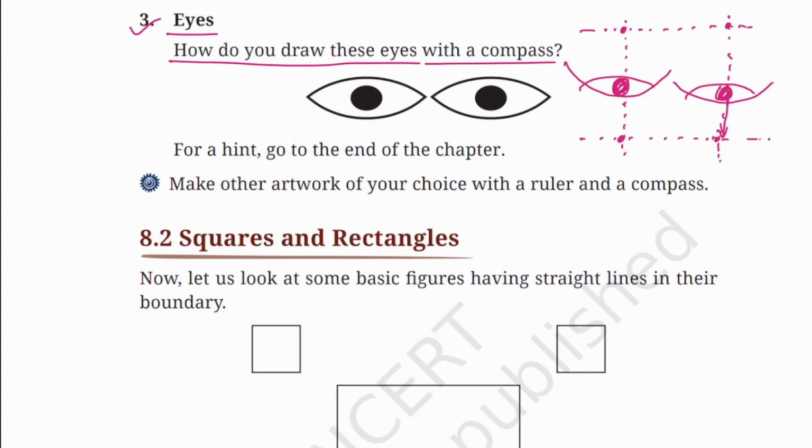Another way of doing it is to draw a straight line, then draw 2 lines perpendicular to it, and then take 2 points on this line as well as on the other line as centers and draw arcs like this.